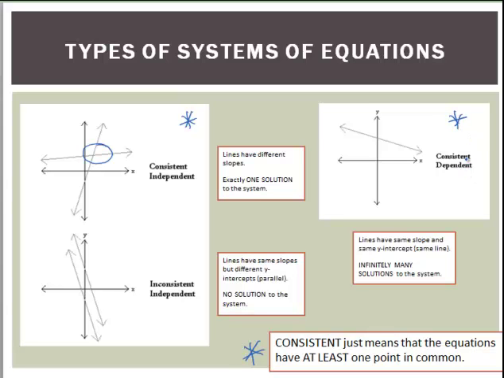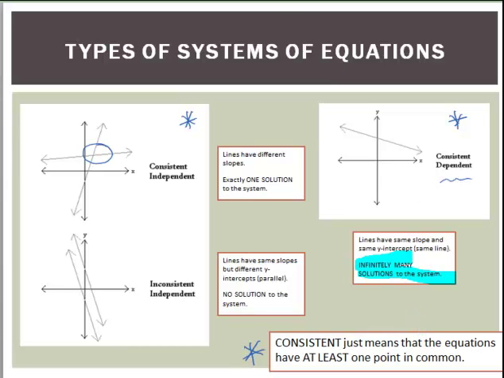This one is called independent because you have just one point in common. This one is called dependent because every single point on the line is a point they have in common. So it has infinitely many solutions.